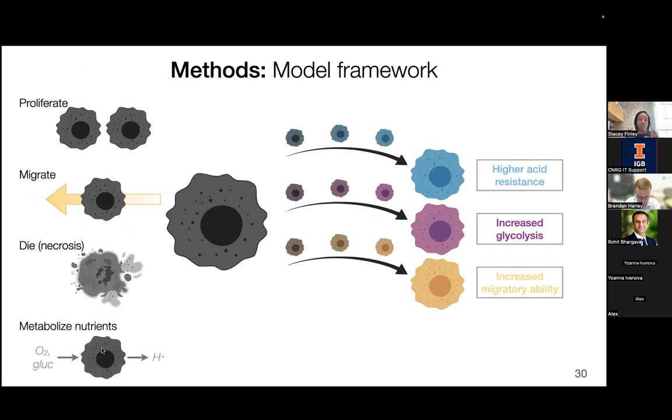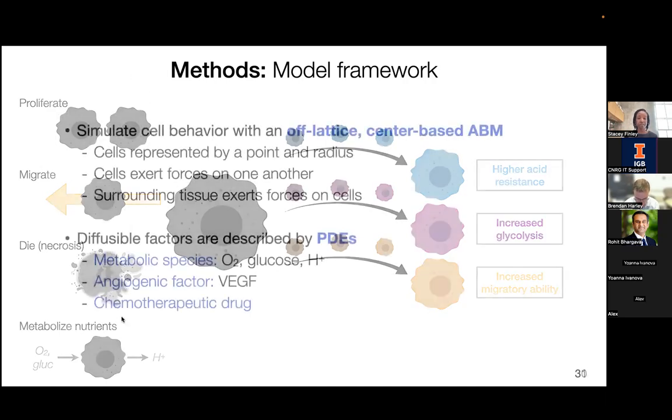So we've boiled down almost everything that I talked about in the first part of the seminar to just look at how cells will take up oxygen, take up glucose, and secrete lactic acid in the form of hydrogen ion. And so we're really just now trying to look at what's happening at the cell level. How does it evolve to these different states and have these different features? And how does it perform these different behaviors?